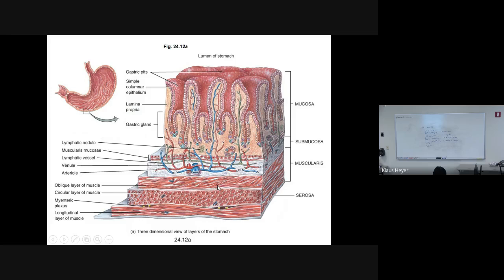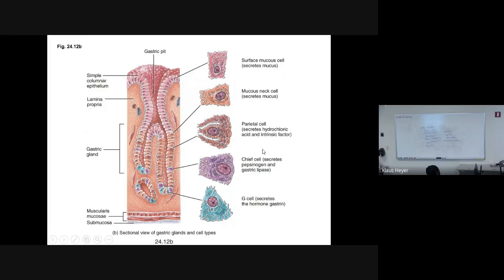There's your muscularis. Notice 3 layers here, not 2. And then I guess this one's serosa, this gray layer down here. Anyway, what was I saying? Oh, let's look at the different cells here. They've got 5 here.